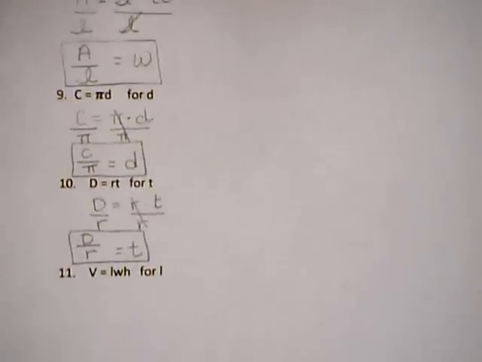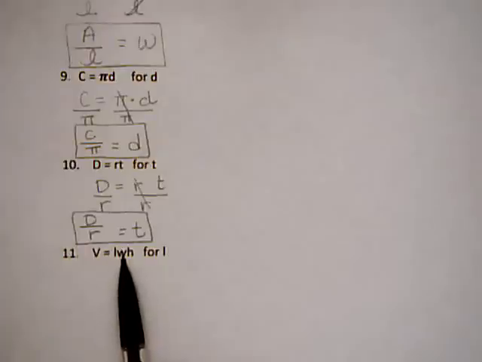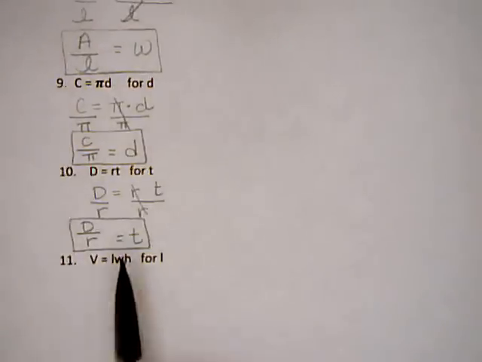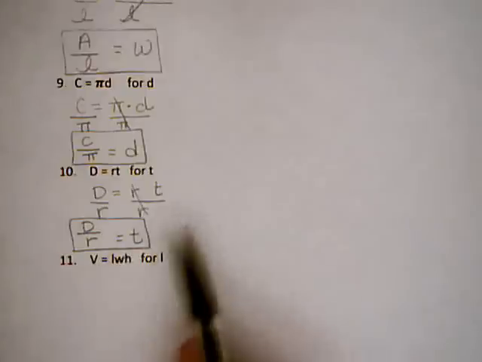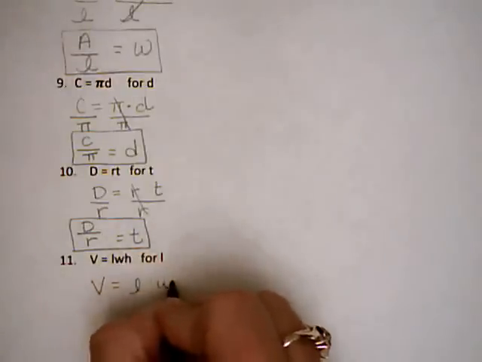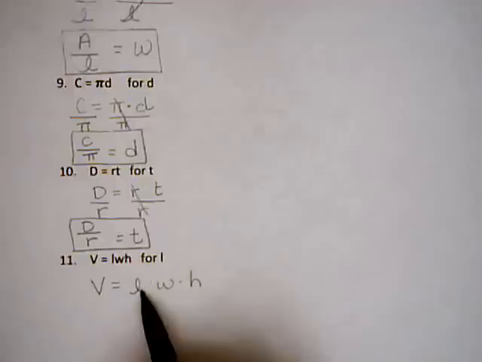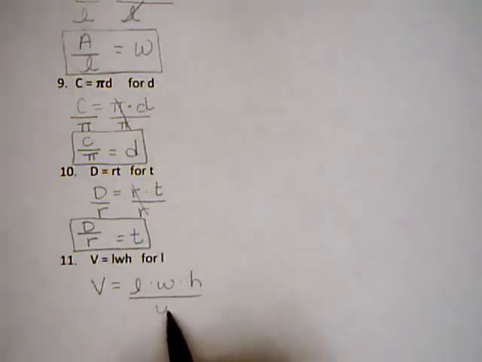Number 11, we haven't seen this formula before on any of the problems. It's a volume formula, which says volume equals length times width times height. V equals L times W times H. It says to solve it for L. Well, if this is all multiplication, to get L by itself, I'm going to divide by W and H. We could divide by both of those variables.